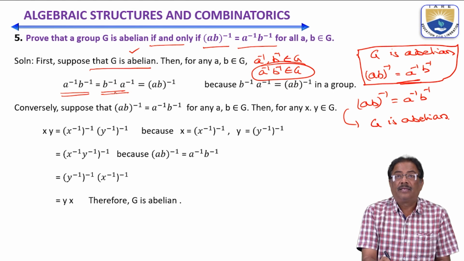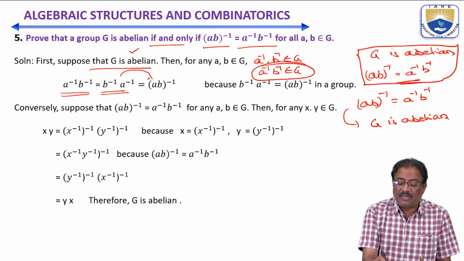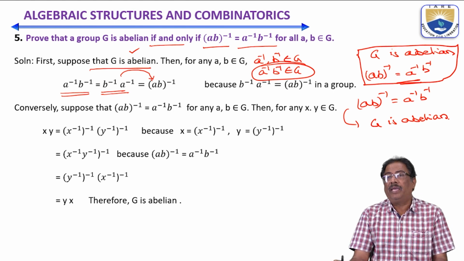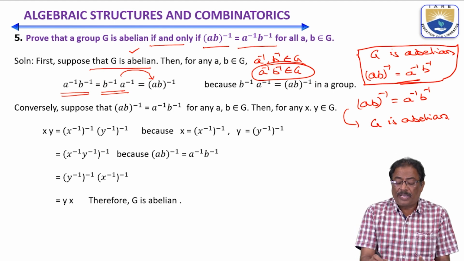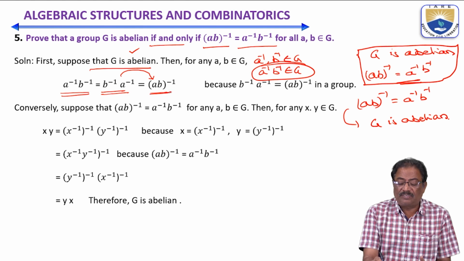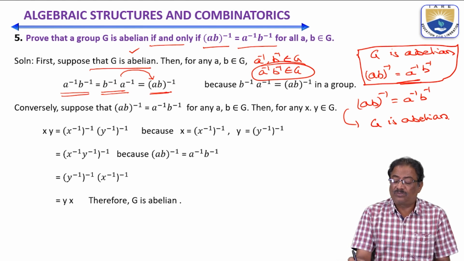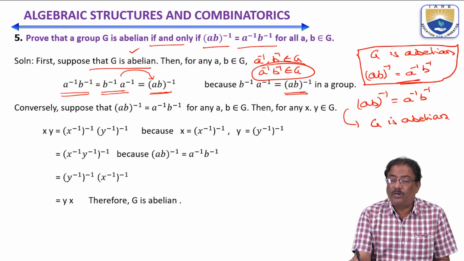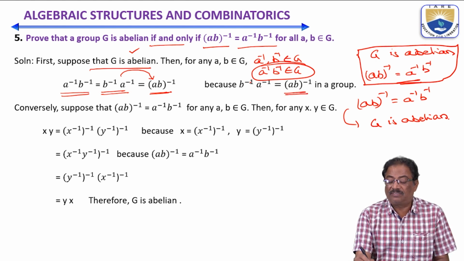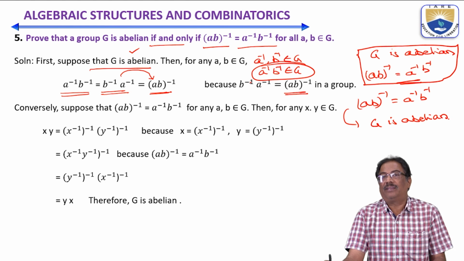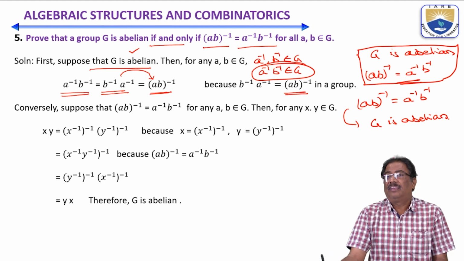So B inverse A inverse is nothing but (AB) whole inverse. So we can say that (AB) whole inverse is equal to A inverse B inverse, because in any group (AB) whole inverse is equal to B inverse A inverse.